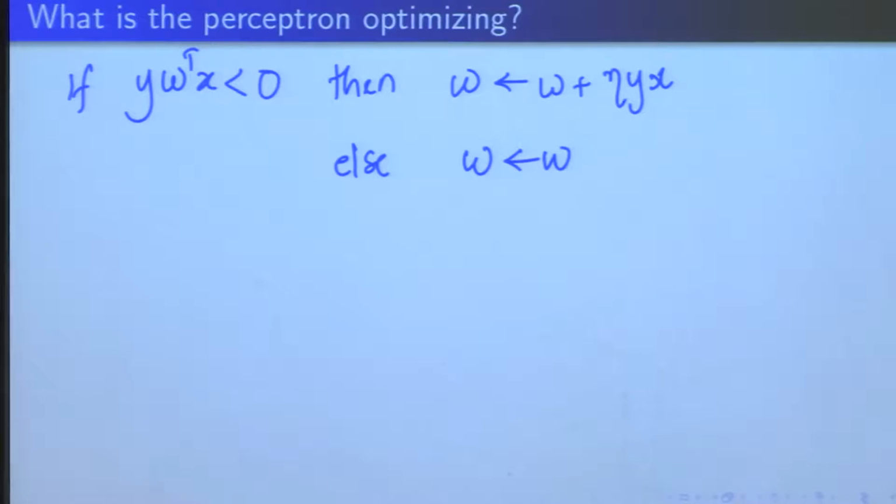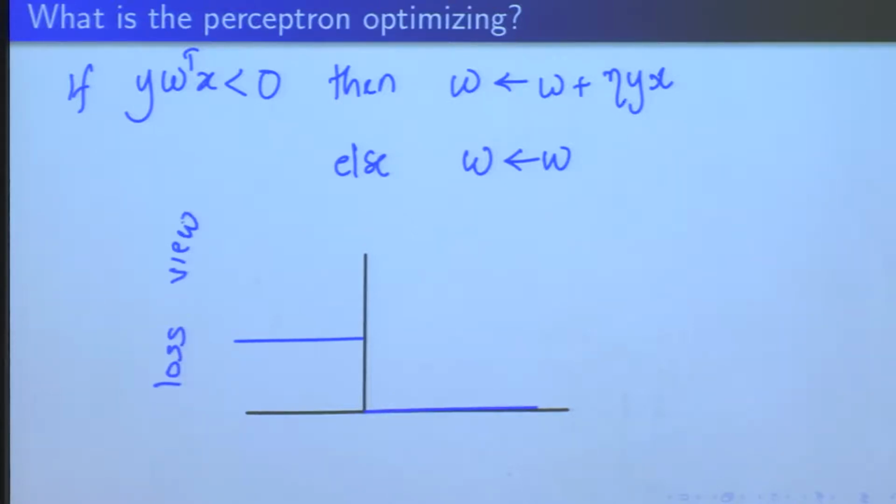So let's try and plot this. We are saying that if this unsigned distance is negative, then there is a loss, and there is some loss, else the loss is 0. This is the loss view in terms of the unsigned distance, y w transpose x.